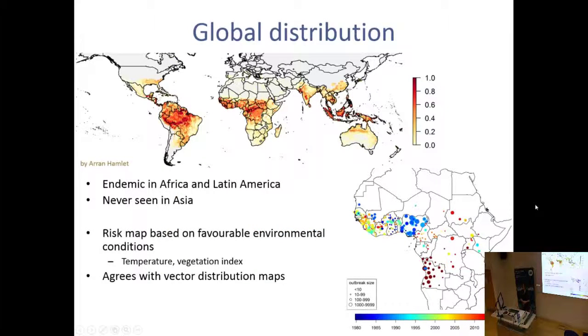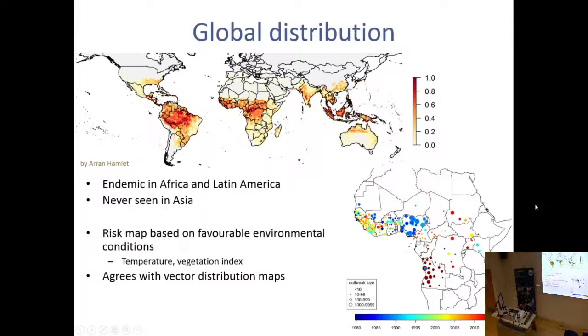So as I said, globally it's endemic in Africa and Latin America. It has never been seen in Asia, but we've been looking at the environmental factors that are needed primarily to sustain the vectors, but also the viral replication in the vectors.